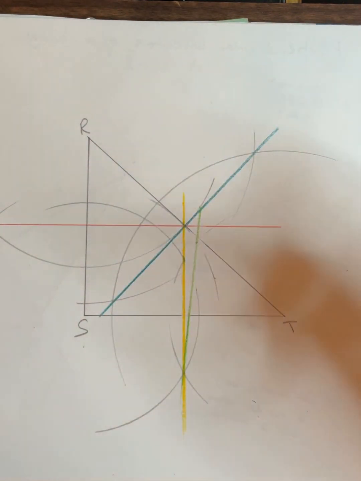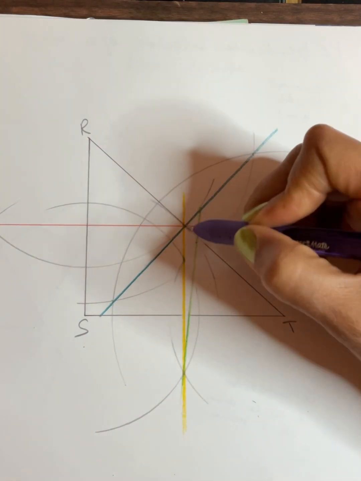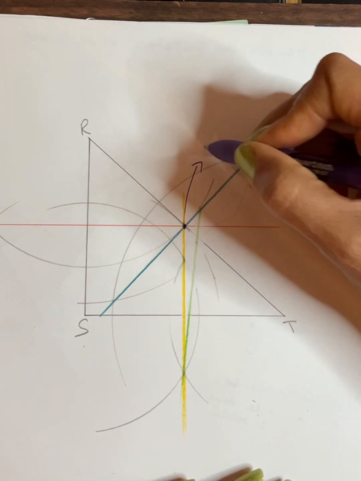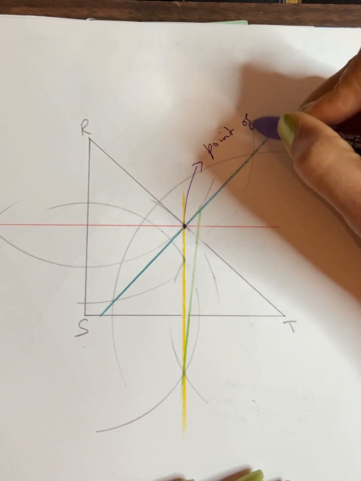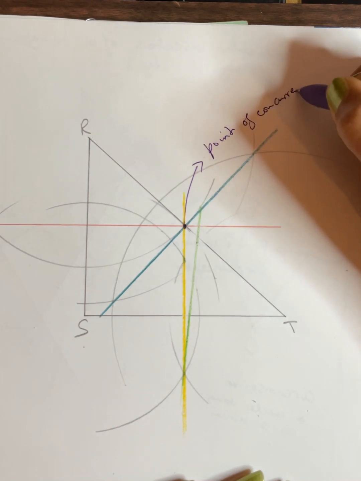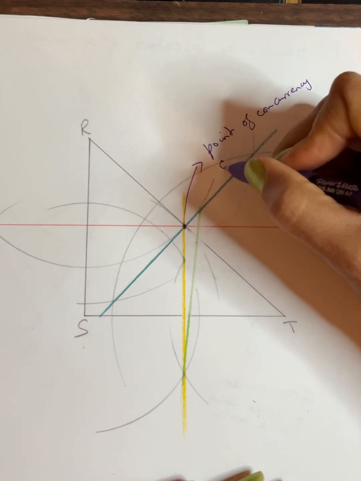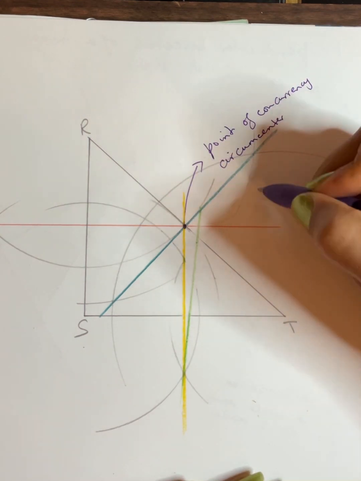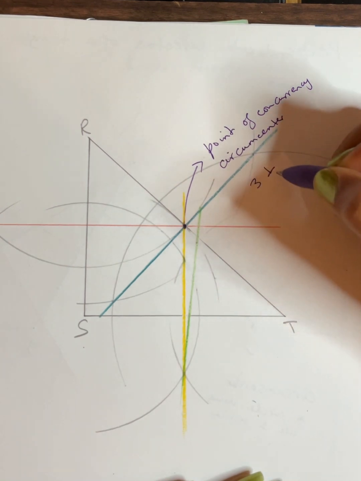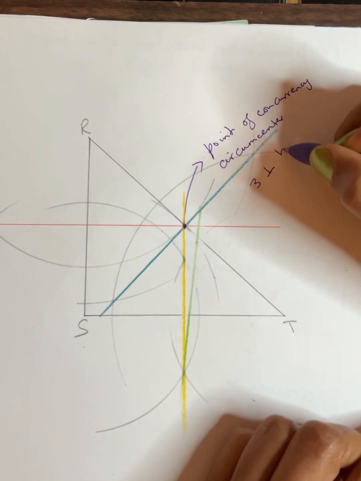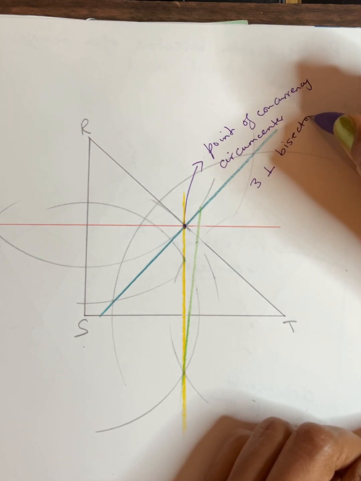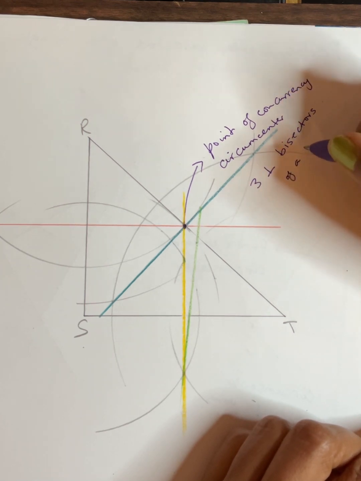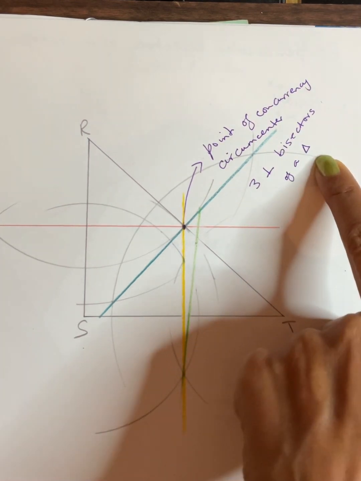All right, so now this is where it is on the edge, and that is your point of concurrency, which is known as a circumcenter, because we just did three perpendicular bisectors of a triangle. This is a symbol for perpendicular. The symbol is a triangle.